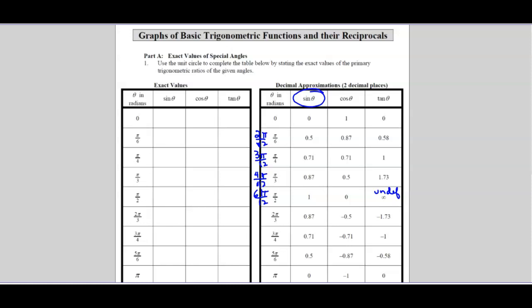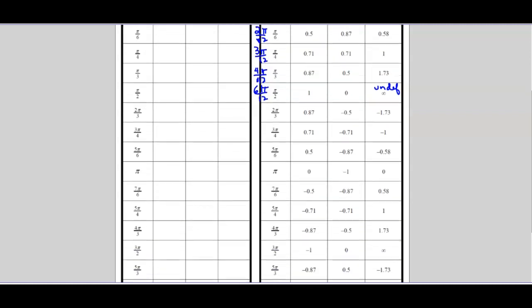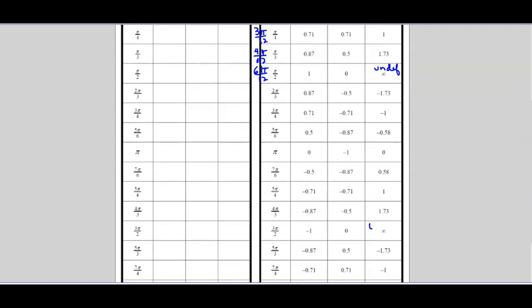You cannot divide by 0. So it's undefined at pi over 2. It's undefined at 3 pi over 2. Okay, so if it's undefined, we're going to graph an asymptote.